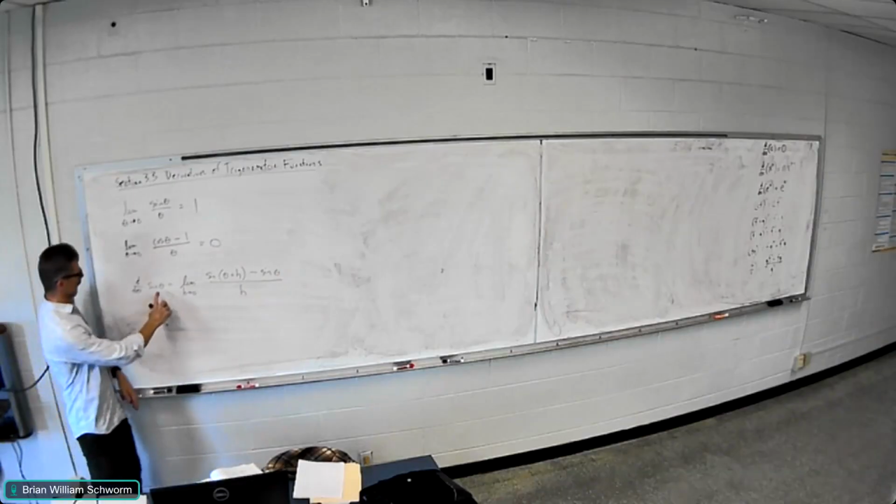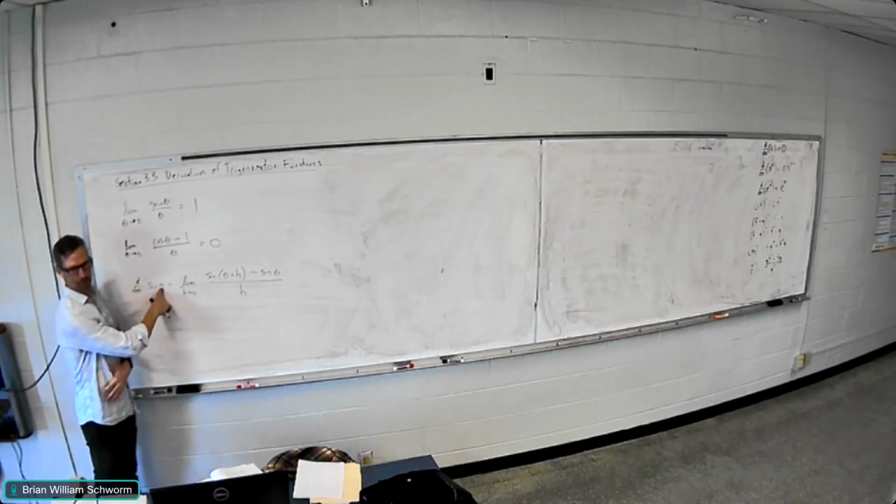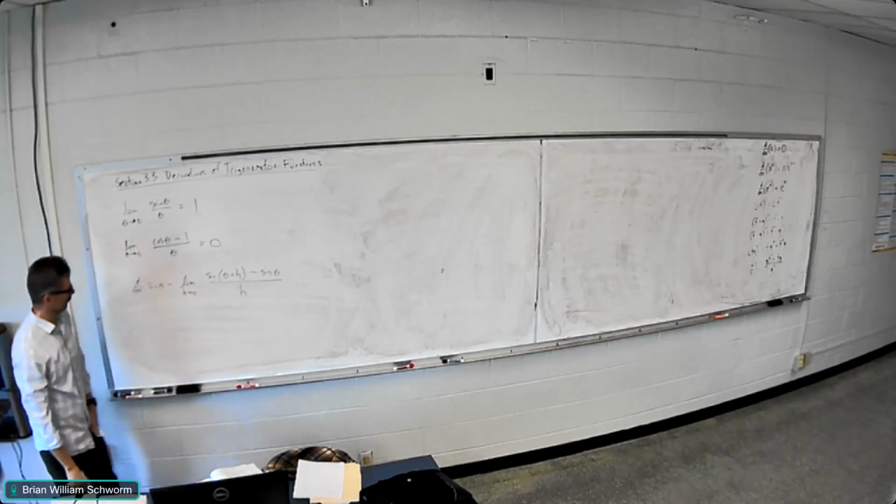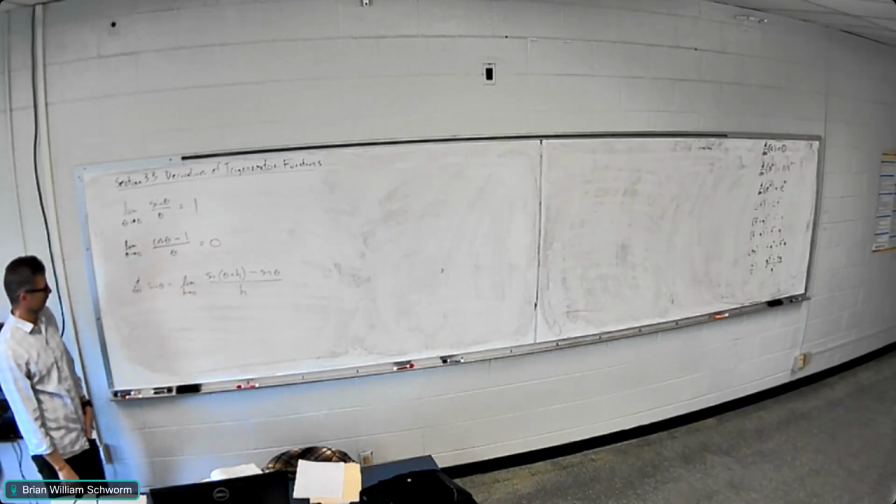That's the definition. You plug in theta plus h, normally an x plus h. Here our variable is theta, so theta plus h. And then you subtract the original function, divide by h.